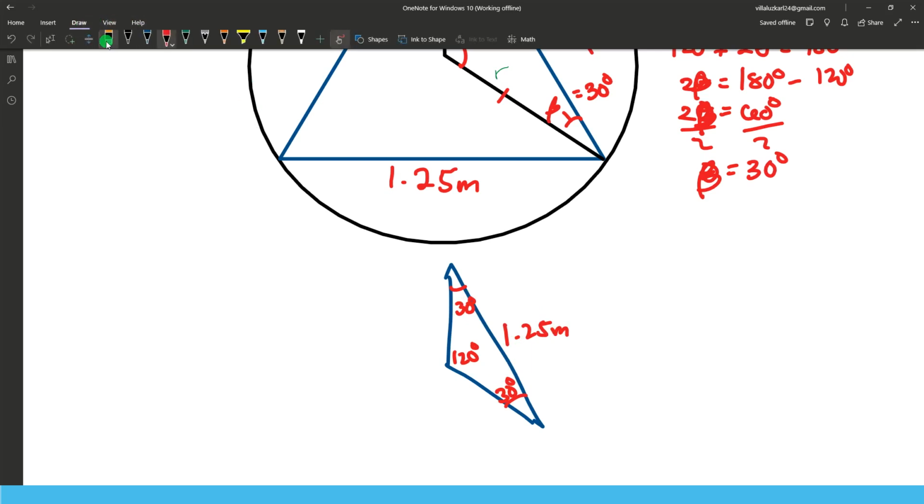So we can use the sine law in computing the radius here. We take the ratio of the side with respect to the sine of the opposite angle.